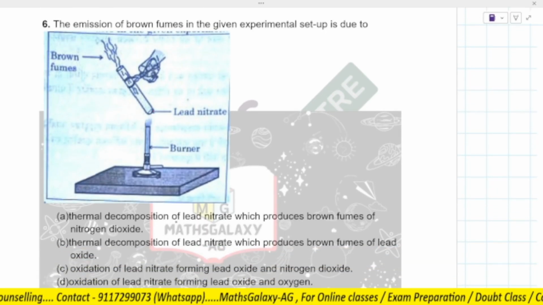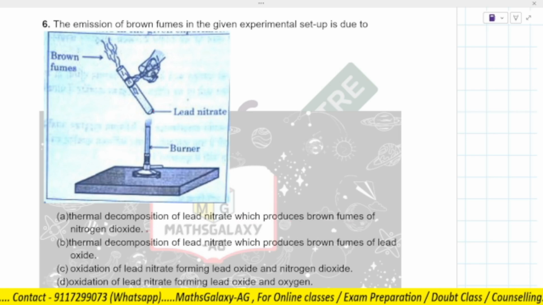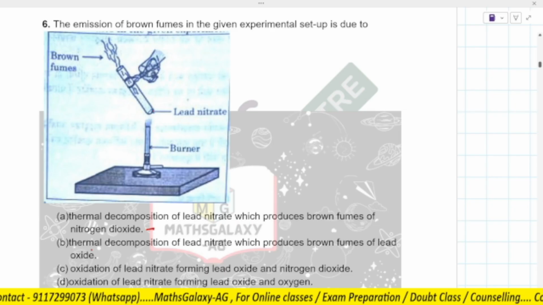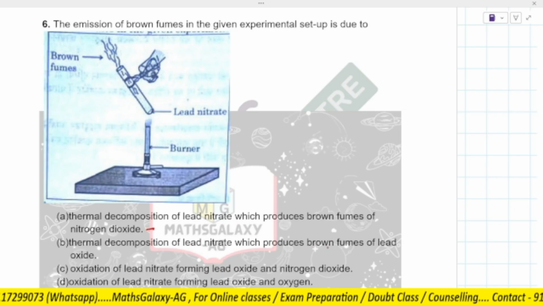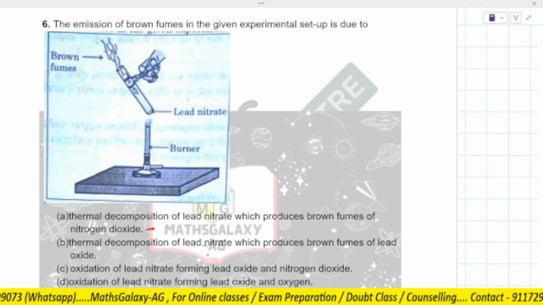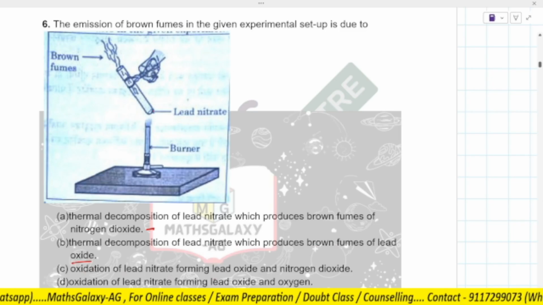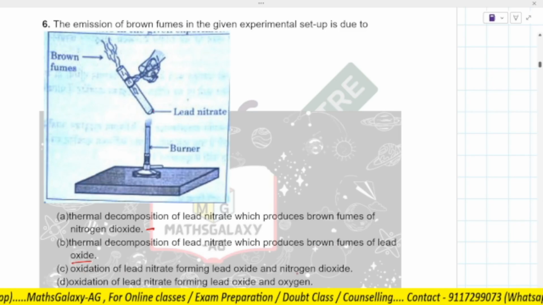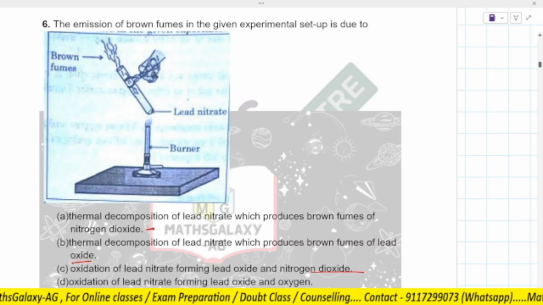Thermal decomposition of lead nitrate which produces brown fumes of nitrogen dioxide, or thermal decomposition of lead nitrate which produces brown fumes of lead oxide, or oxidation of lead nitrate forming lead oxide and nitrogen oxide, or oxidation of lead nitrate forming lead oxide and oxygen.